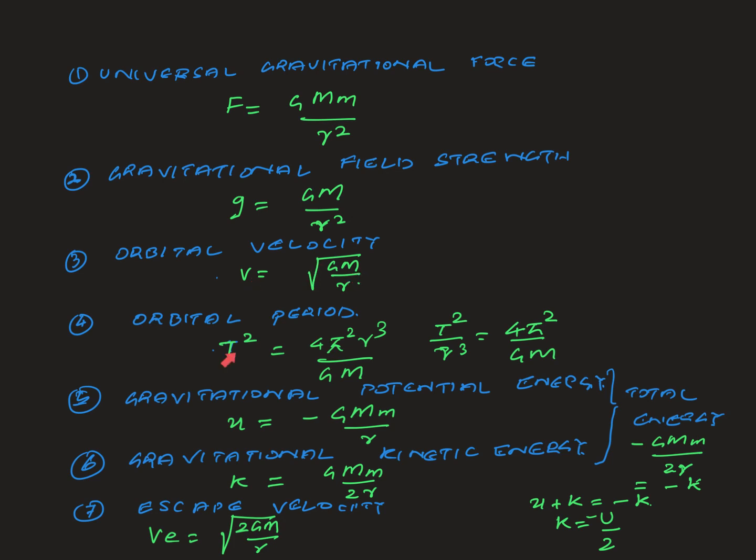We got the equation for T squared, and also the ratio T squared over r cubed as a constant, which is the same as what Kepler proposed in his third law: T squared over r cubed is a constant for different satellites orbiting at different radii around a planet. And then we got an equation for the gravitational potential, which is negative, and we also have an equation for the kinetic energy and the total energy, and also we found an equation for escape velocity.